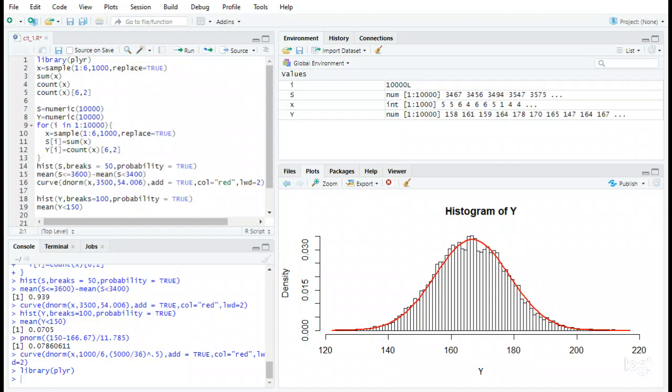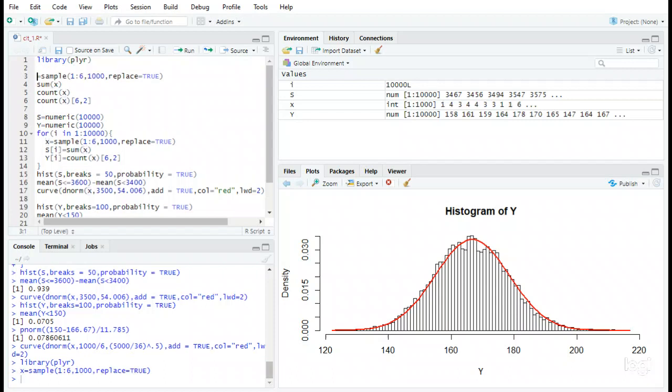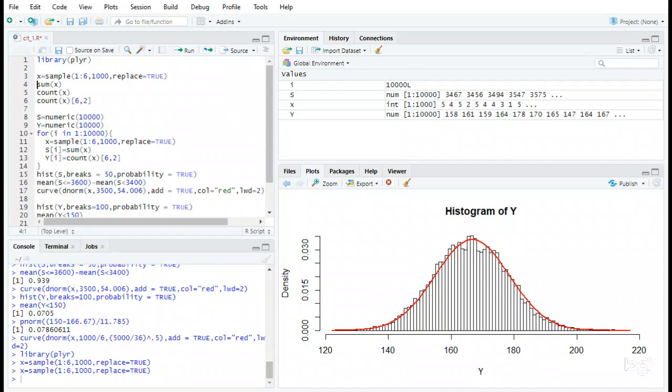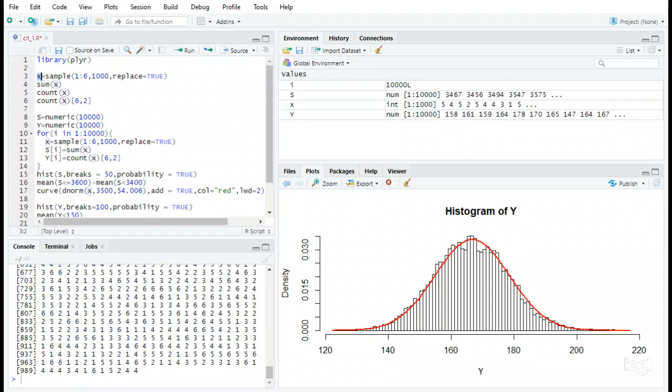A sample function is what I can use to pull from a distribution. So I'm going to take the numbers 1 through 6, equally likely. I'm going to sample from that 1,000 times with replacement, meaning I'm allowed to take the same number more than once. If I do that, here's the results.